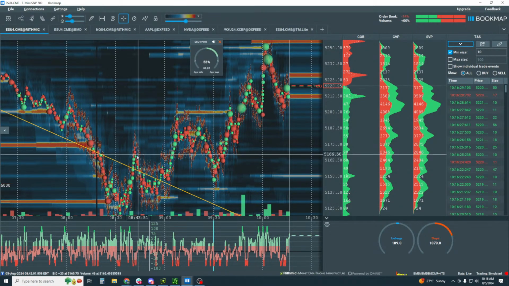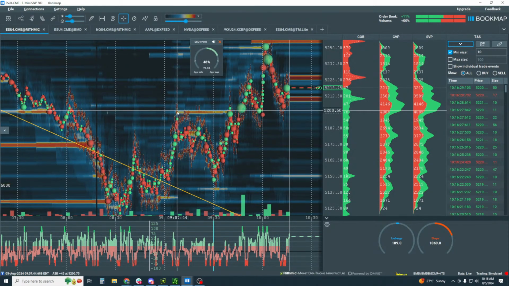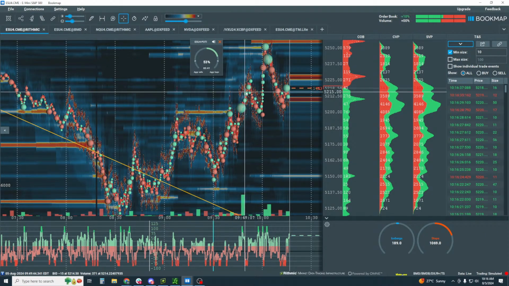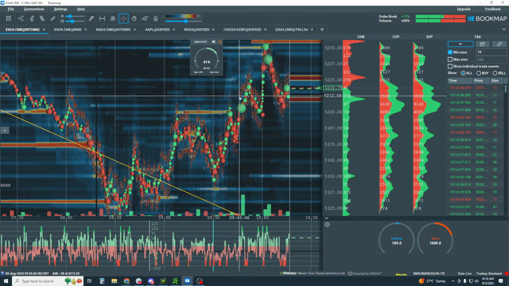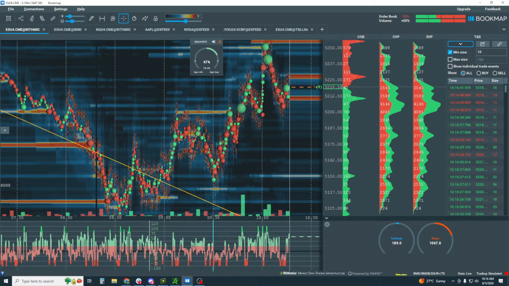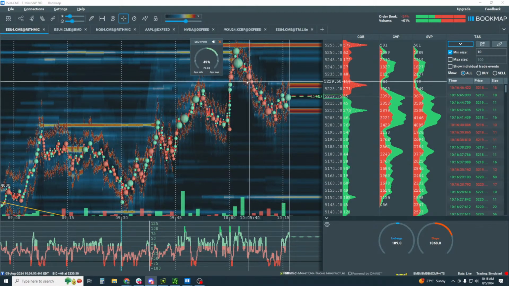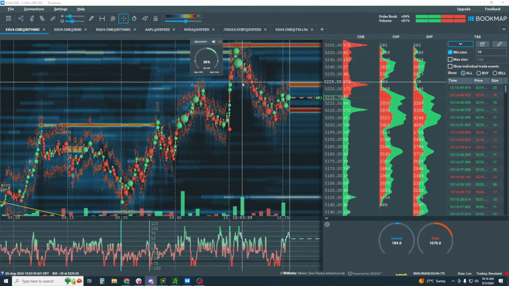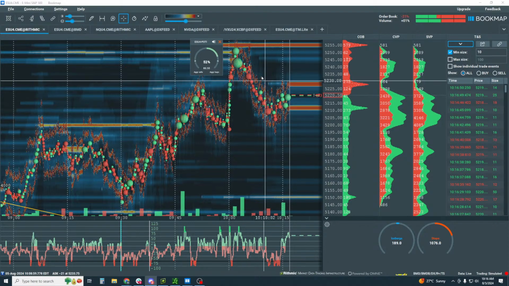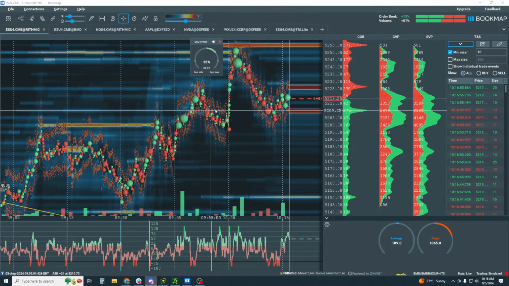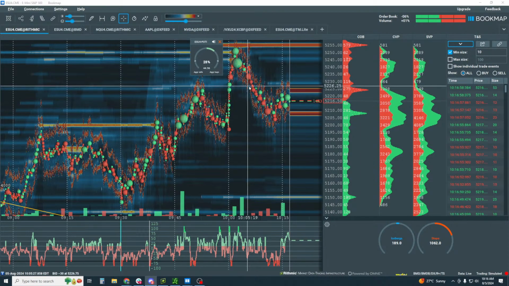Because it can whip against you, and it can continue to do something that is unexpected. We're in a different environment right now, so be very aware of that, and protect yourself. You might want to just sit back and watch, and start to get a feel for it first before jumping in.